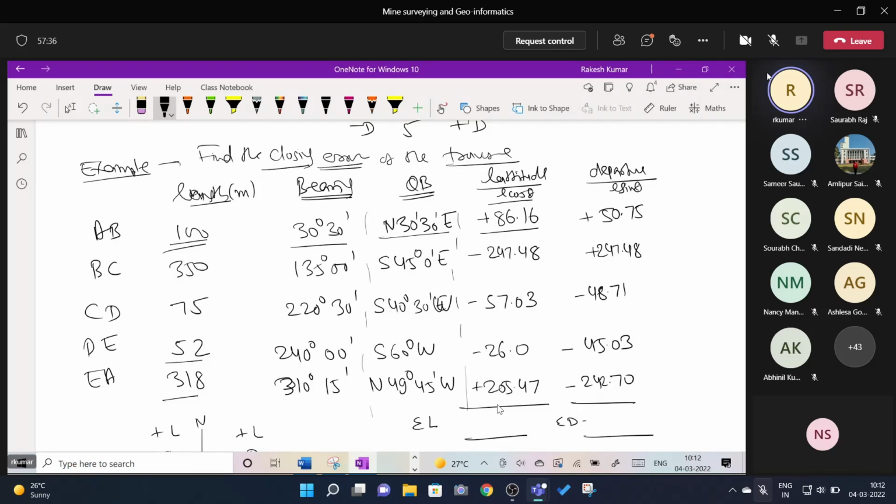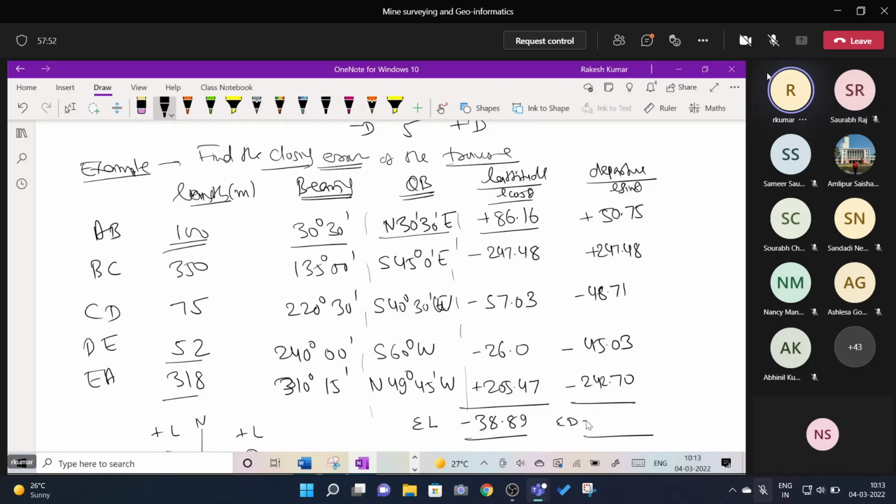I have to do 86 minus 247 for the summation. What value am I getting here? Minus 38.89. Yes, sir.